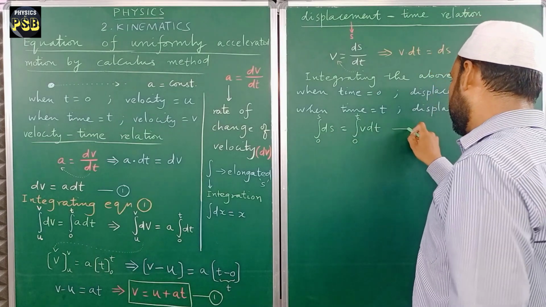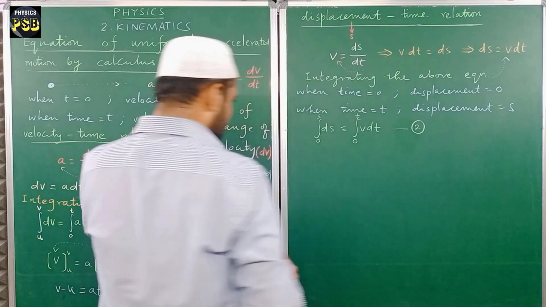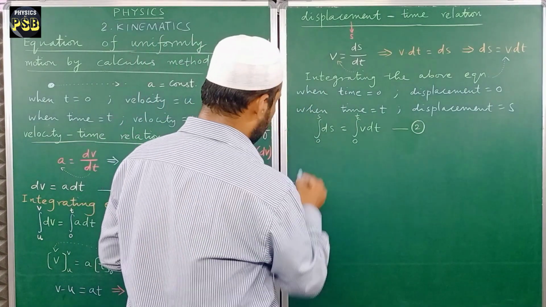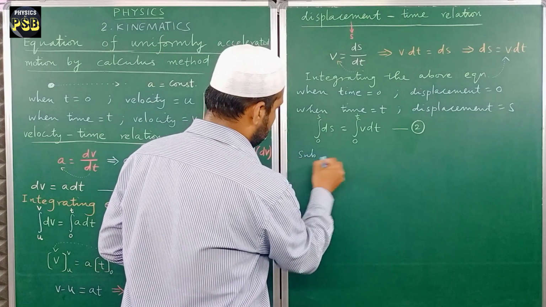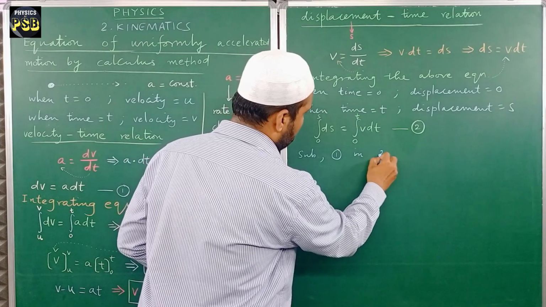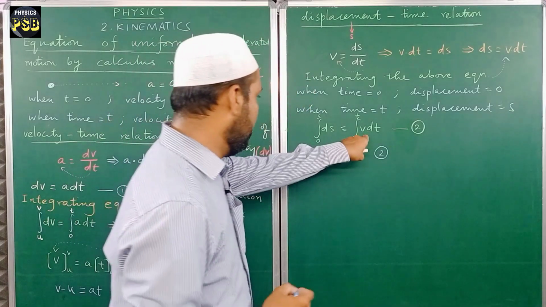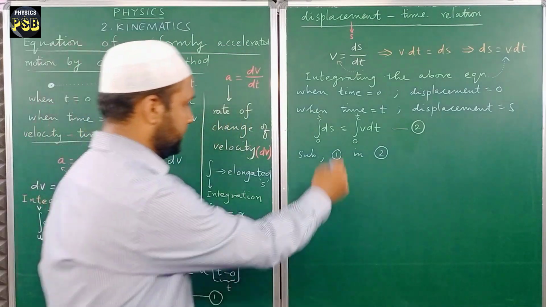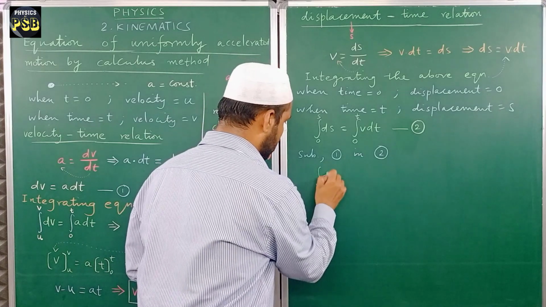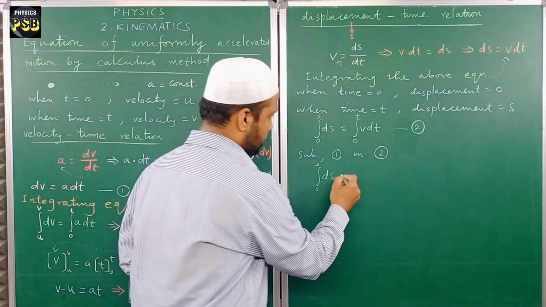So I will name this as equation number 2. Substituting equation number 1 in 2. What will I get if I do so? In the place of v, I am going to write u plus at. Integral of ds, lower limit 0 and upper limit s.